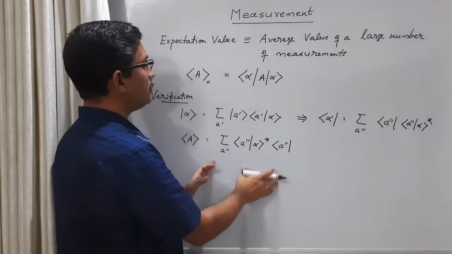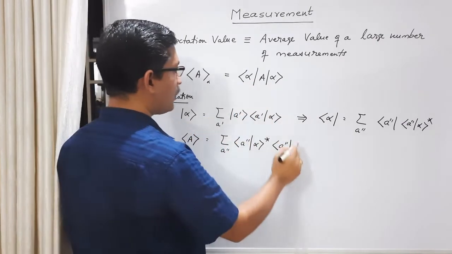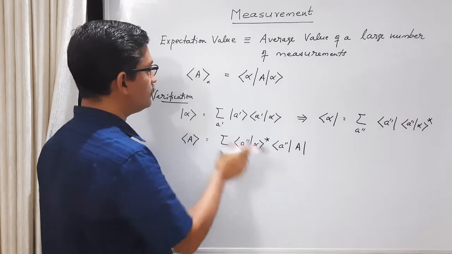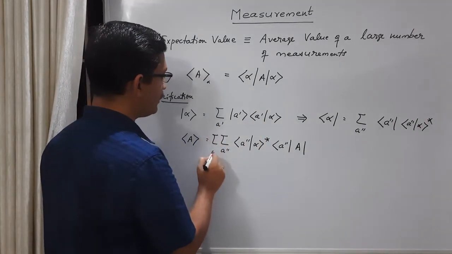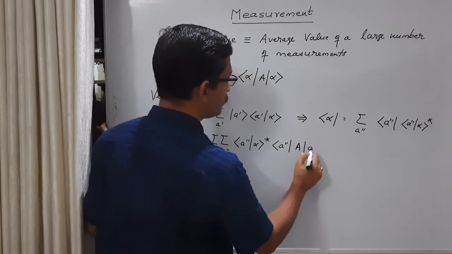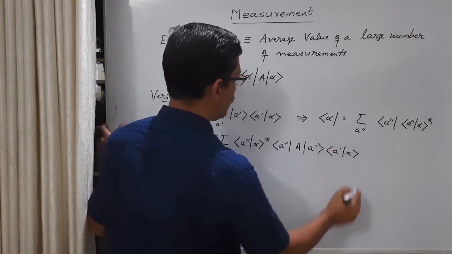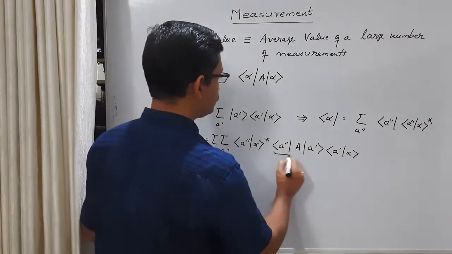This is the bra vector alpha, and then there is operator A. And the summation over a prime, let me write here, and then we have this part: ket a prime, a prime alpha. Now look at here.